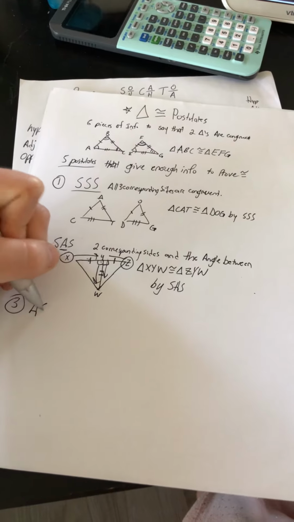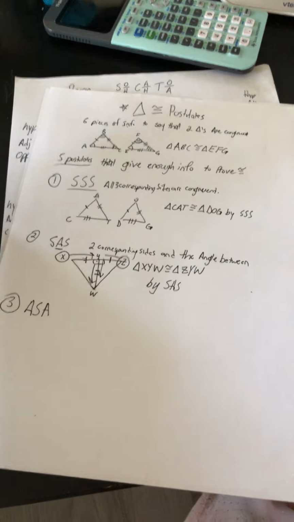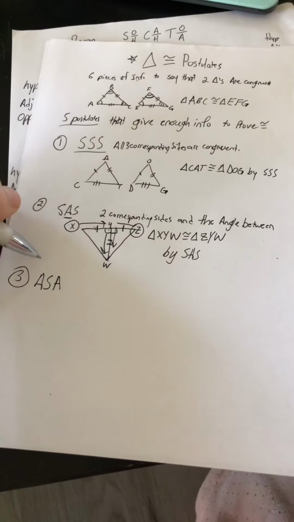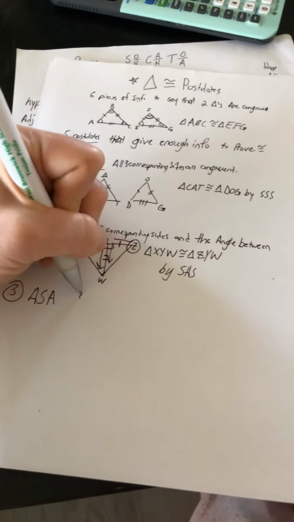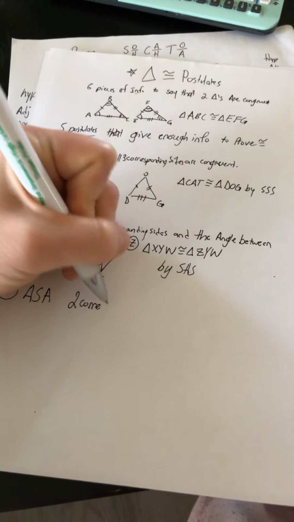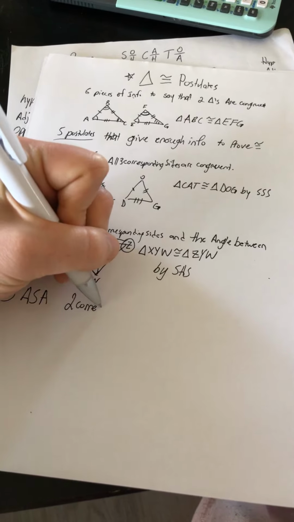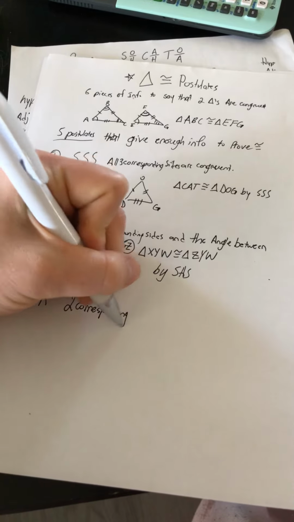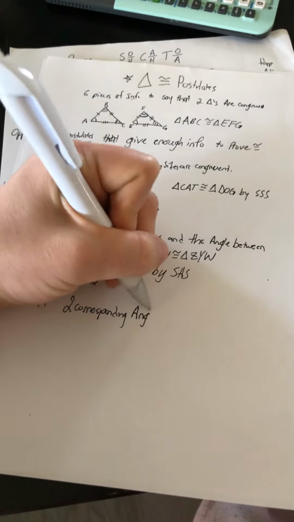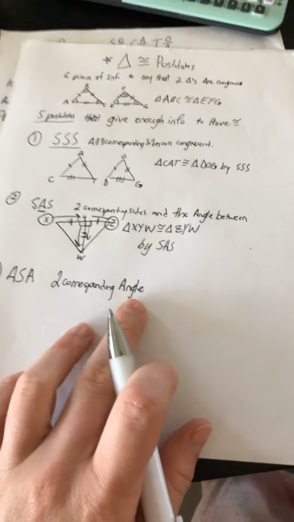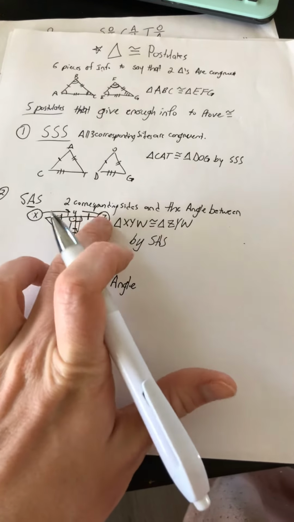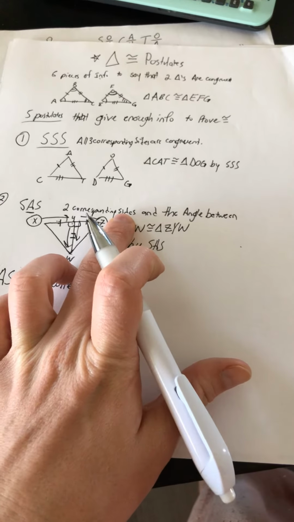is angle, side, angle. So this one has two angles and the side that connects them, two corresponding angles. And when I say things like that, I mean like corresponding angle pairs. This one, two corresponding angles or sides, pairs.